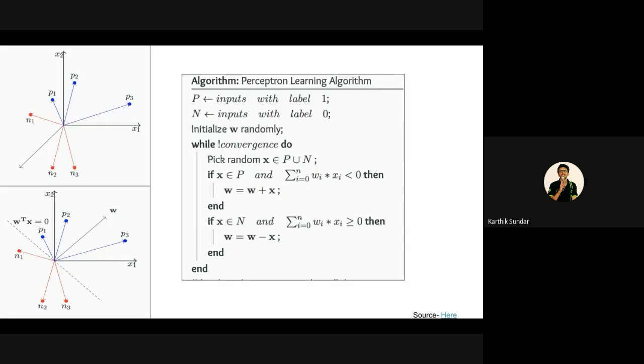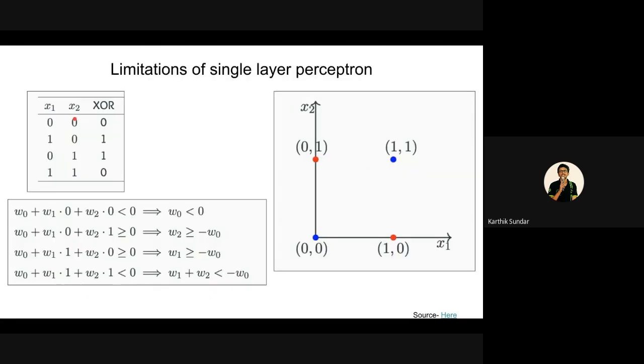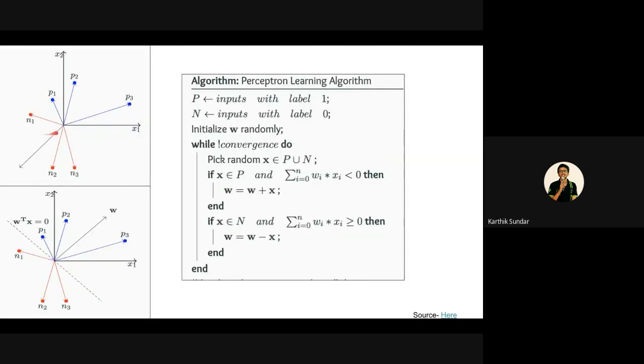So what actually happens is, let's say you have a line. So this is the particular line, and as you could see, it is going to misclassify, because let's say if it is misclassifying a positive point, what actually happens is W equal to W plus X. So it pulls the line towards it.